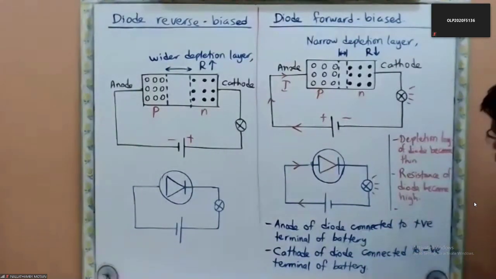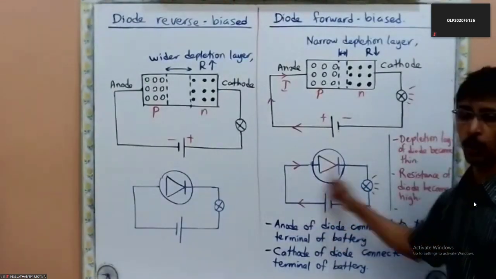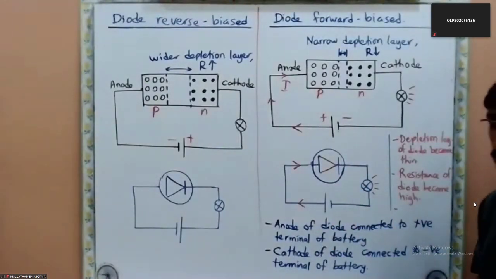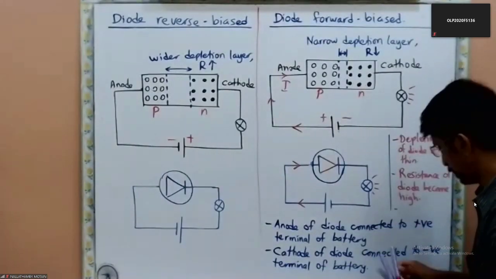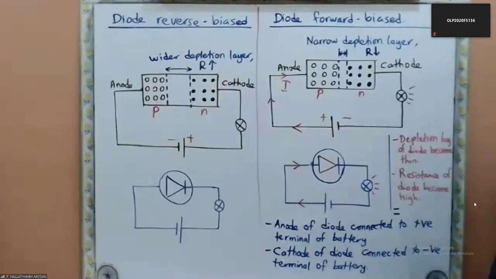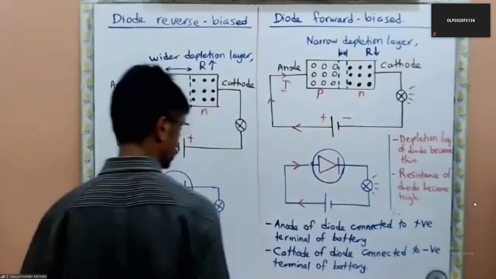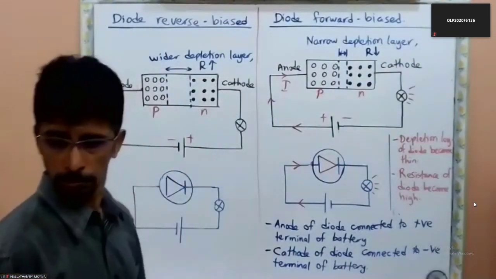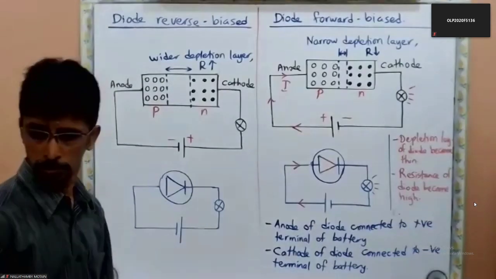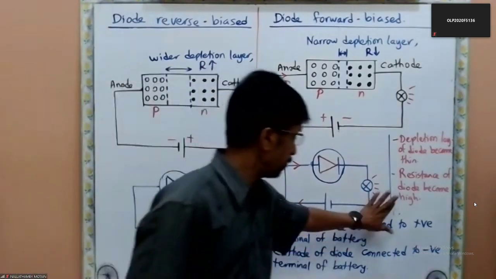The next one, current flow through diode. Please add current flows through diode. So is the resistance low or high? Okay, current.